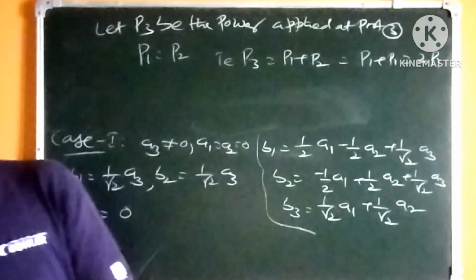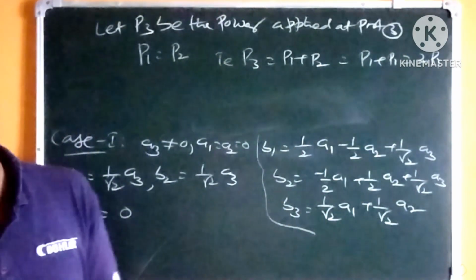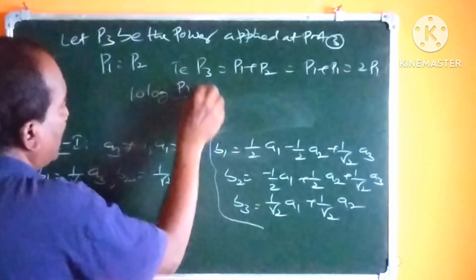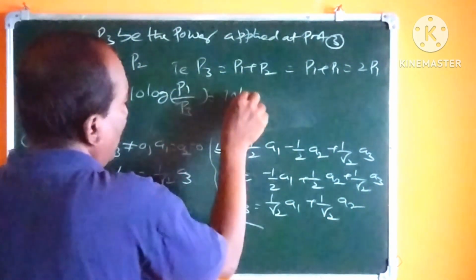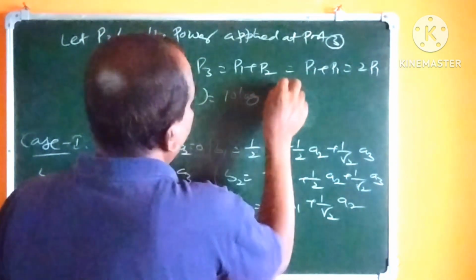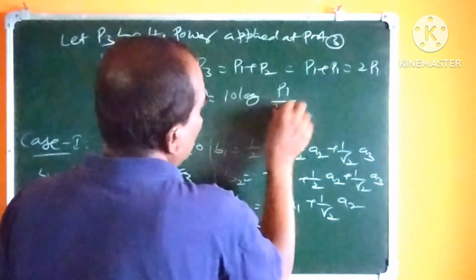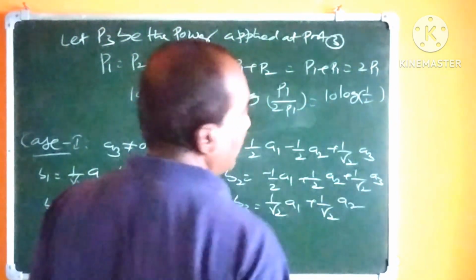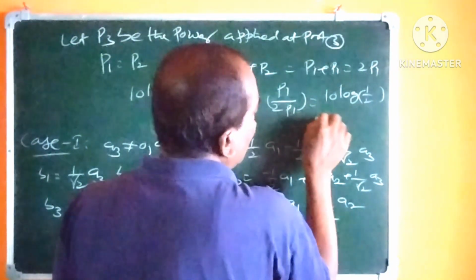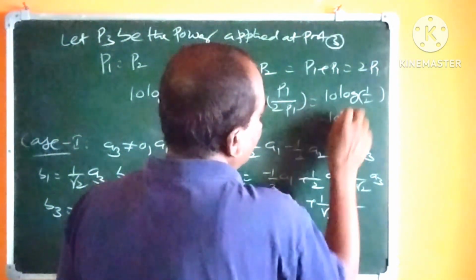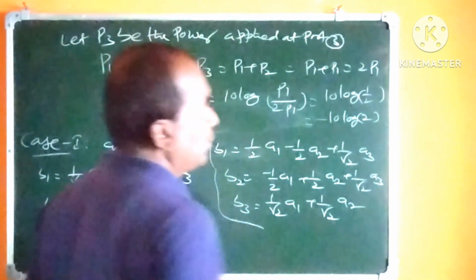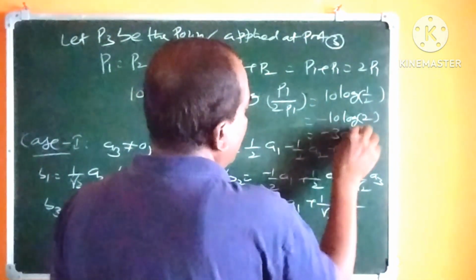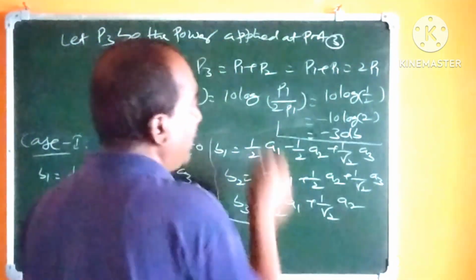Now, this splitting power can be expressed in terms of 10 log of P1 by P3. P1 is P1 and P3 is 2P1. So this will be equal to 10 log of 1 by 2, which equals minus 10 log of 2. With the value of log 2 being 0.3010, this will be equal to minus 3 dB.